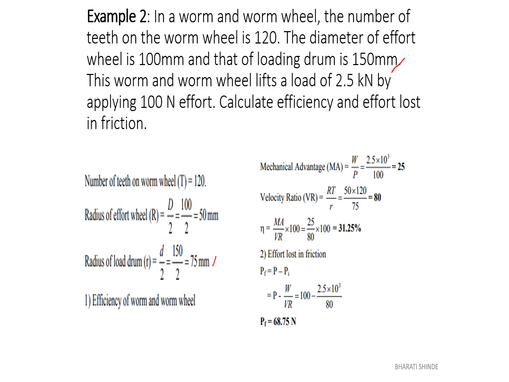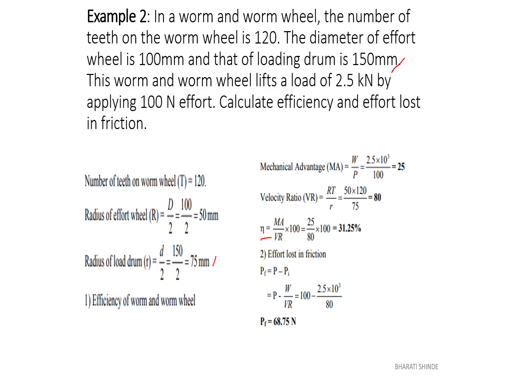So for finding efficiency, use same formula MA upon VR into 100. So for this, first find MA. So MA is nothing but it is mechanical advantage and its formula W upon P. So after putting the values, we will get MA as 25 and velocity ratio is RT divided by small r, and which is 80.